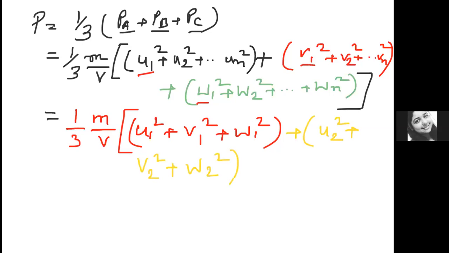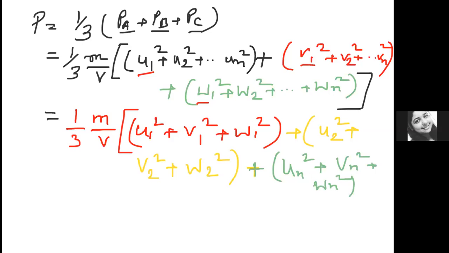And the third part I have is UN square plus Vn square plus Wn square.